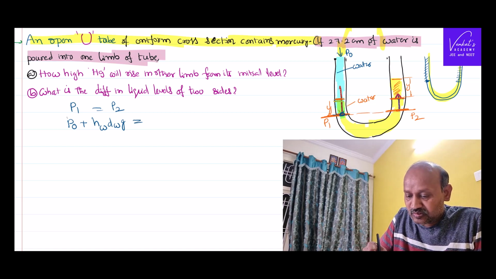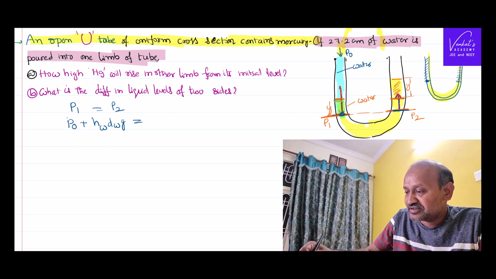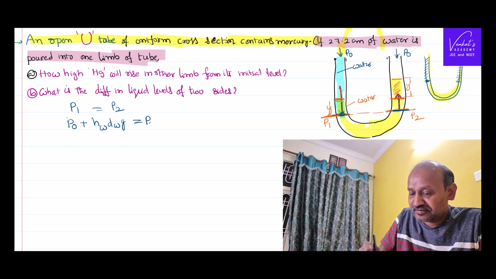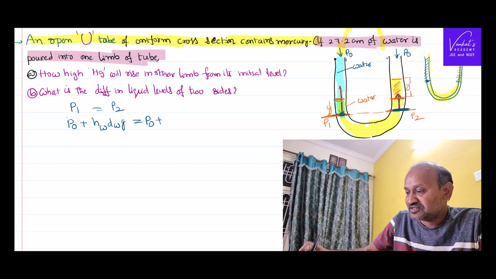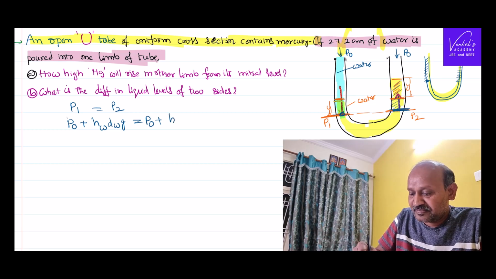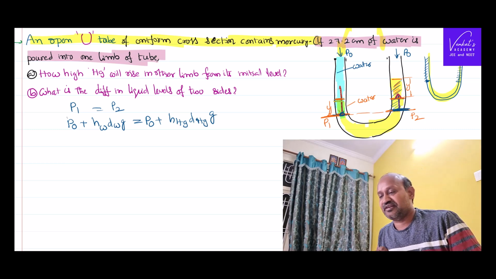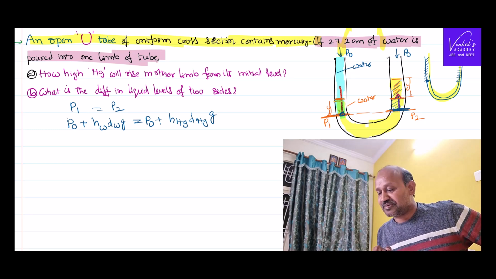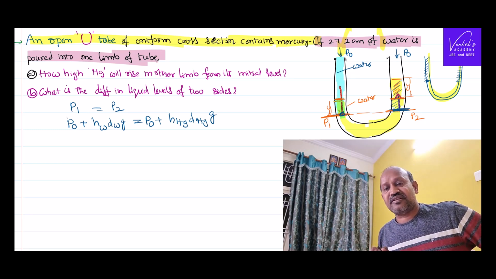Then what's the pressure at this point? This is also open to atmosphere, therefore there's a P0 acting. And on this point, the height is nothing but mercury itself. That is height of the mercury, density of the mercury, and acceleration due to gravity. So I'm using a basic concept: pressures are equal if the heights are.